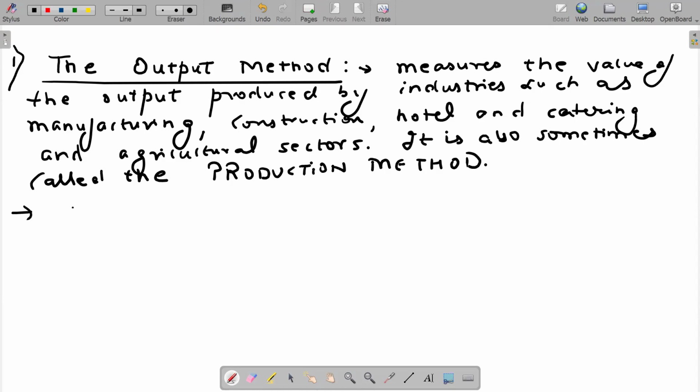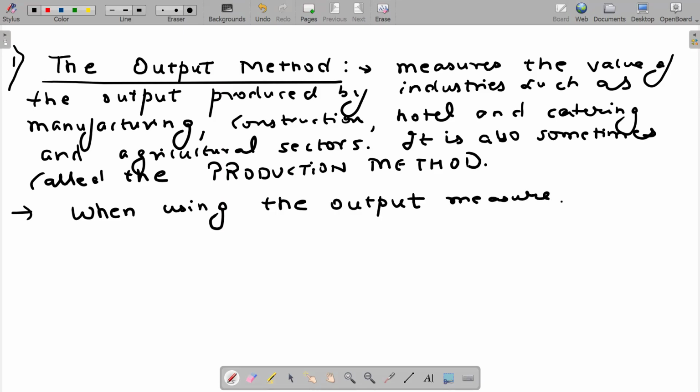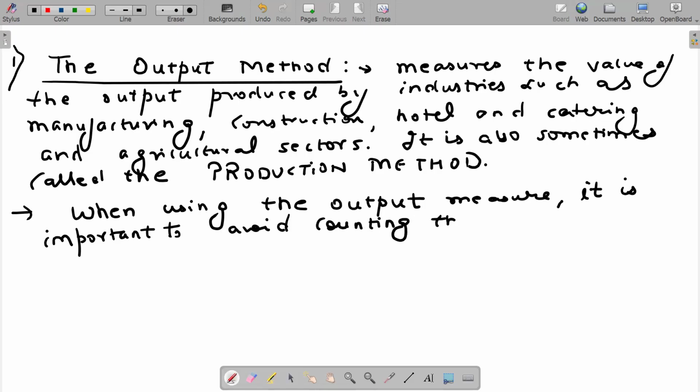So I can write, when using the output measure, it is important to avoid counting the same output twice. It is important to avoid counting the same output twice.